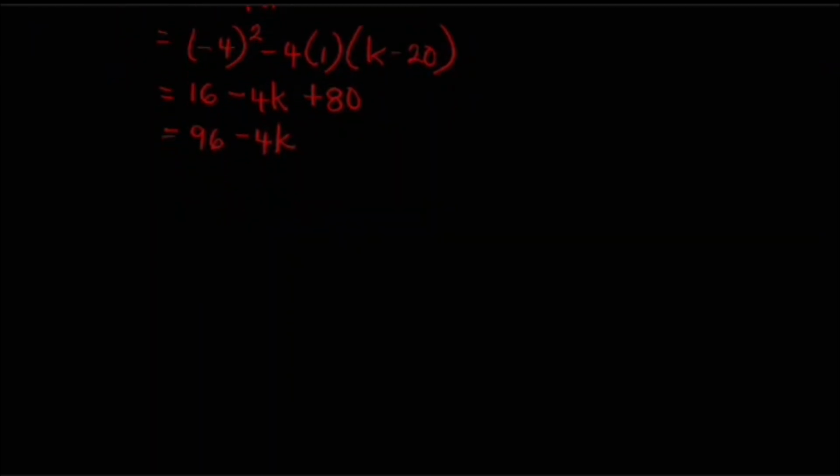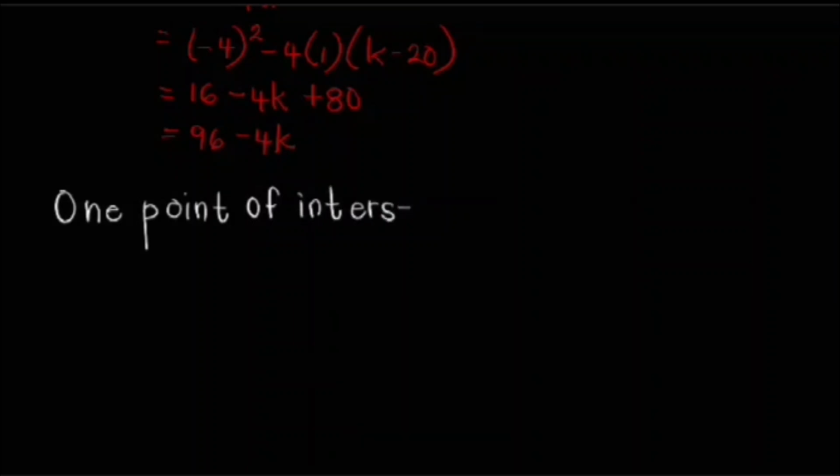But remember, there is only one point of intersection between the tangent and the graph, which means that the discriminant is equal to 0.